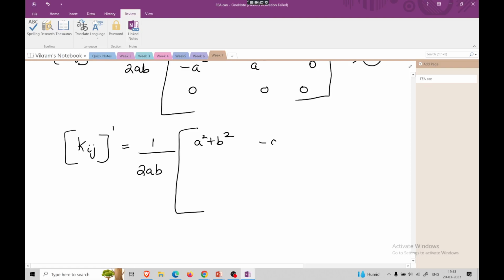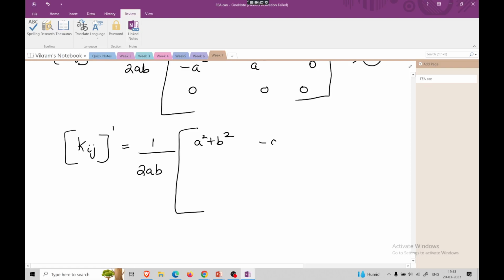So the global stiffness matrix we need to see, right? So K33 of the first plus K22 of the second. So what is K33 plus K22? So this will be K33 of the first, this will be K22 of the second, right?